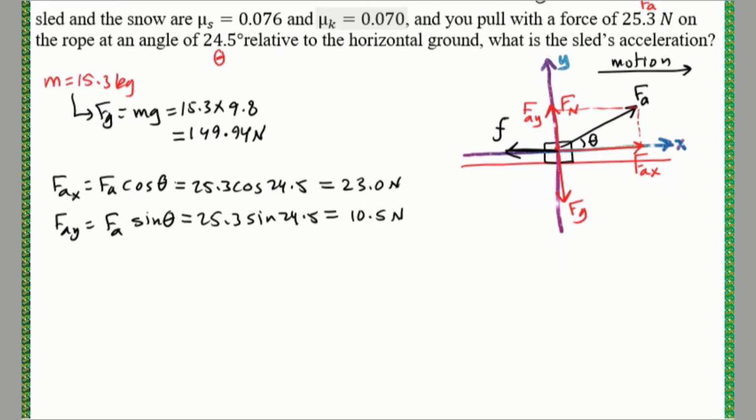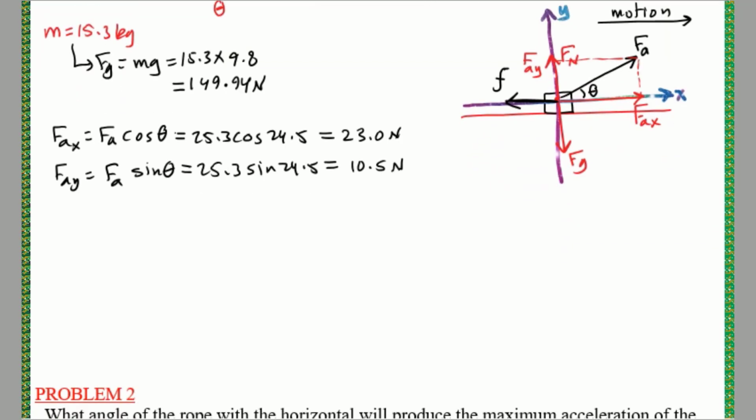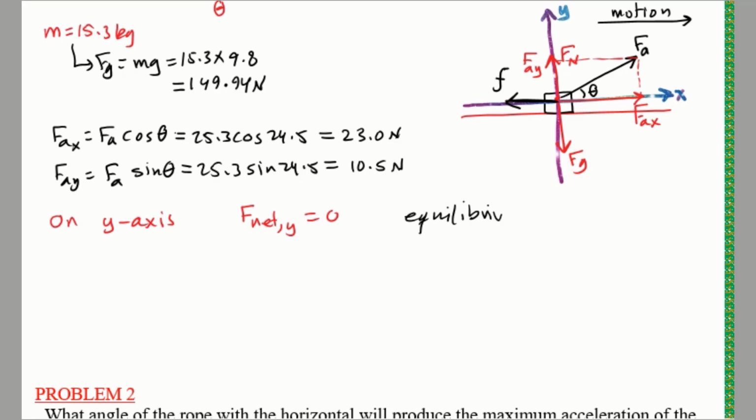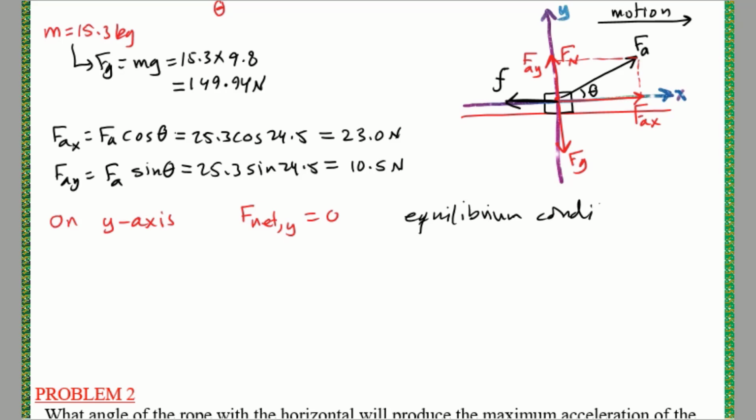Now apply the equilibrium condition on the y-axis. On the y-axis, we have F net on the y-axis equals 0. This is the equilibrium condition, and we apply it on the y-axis since there is no motion in the y direction. Go back to the free body diagram here.